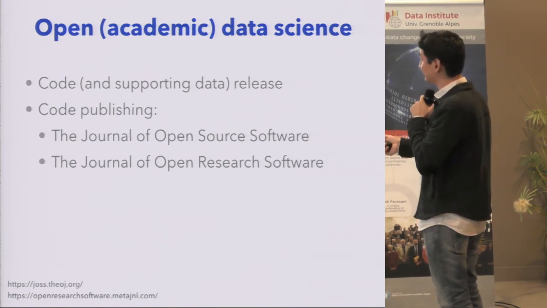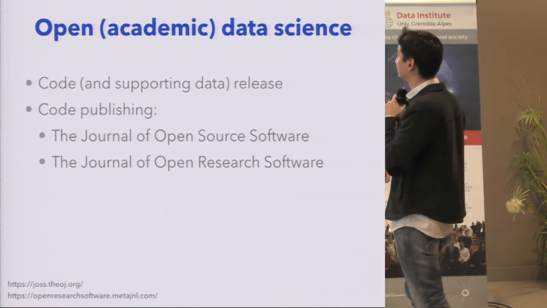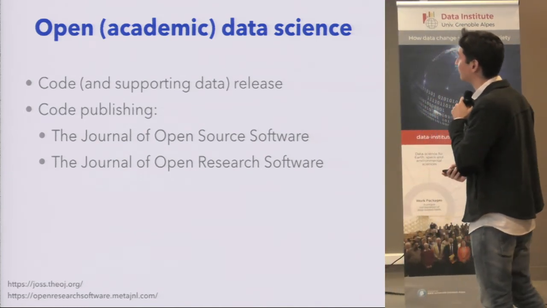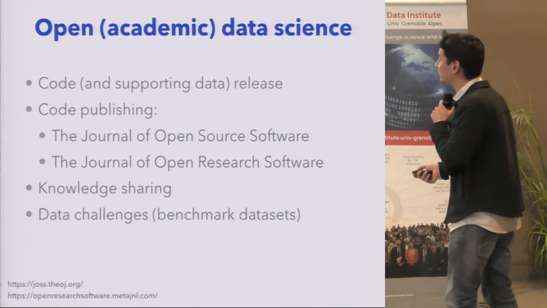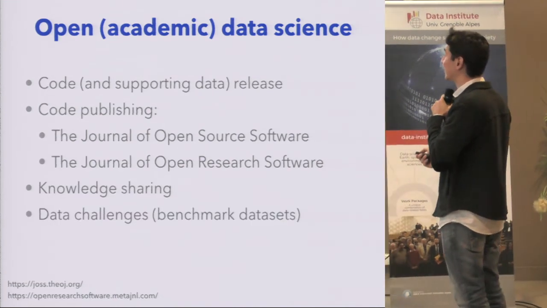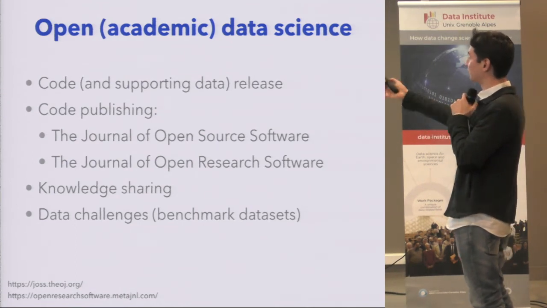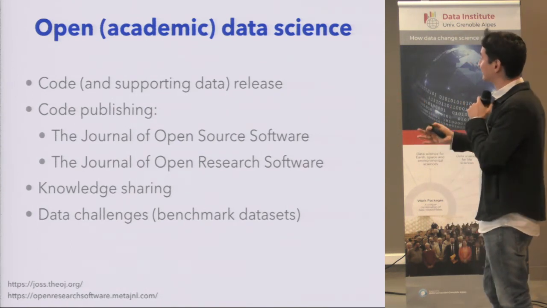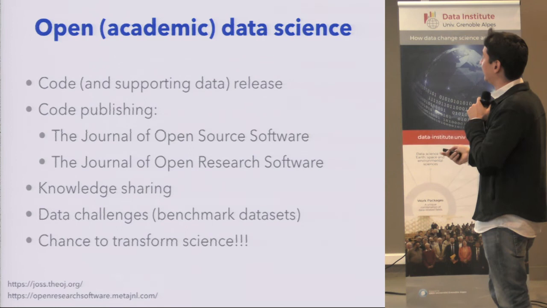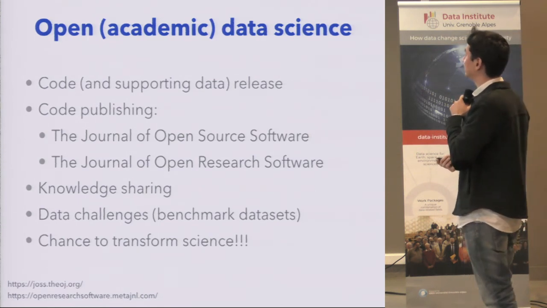And for that I just cite here two of the journals that I know of where you can publish code, about knowledge sharing and creating data challenges. For that, it's important also to learn what other fields have done, which is the creation of benchmark datasets. And it's a chance to transform science ultimately, right?